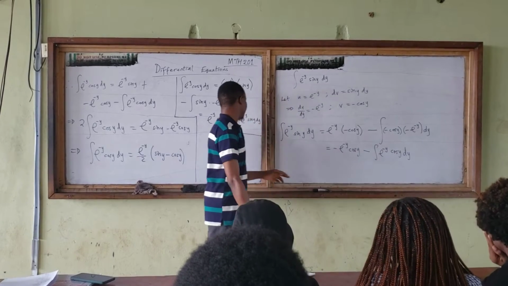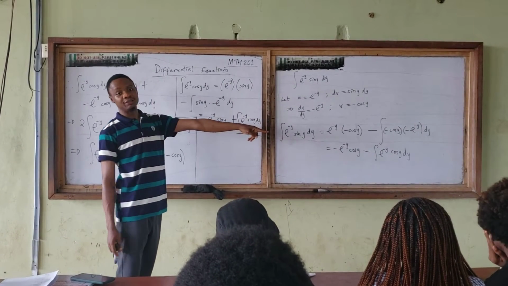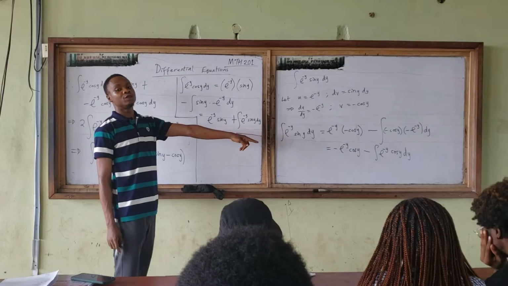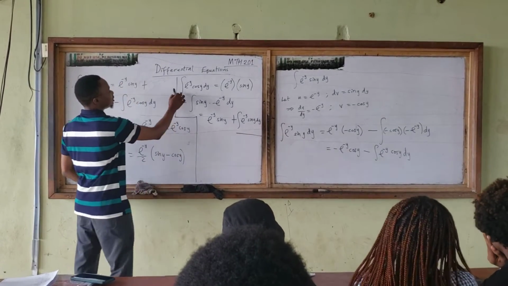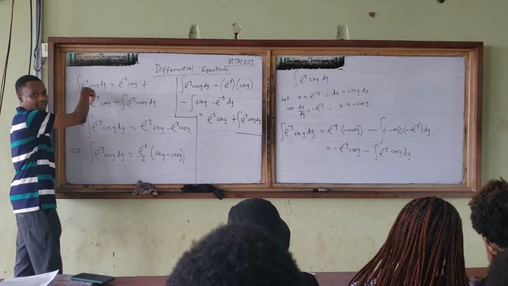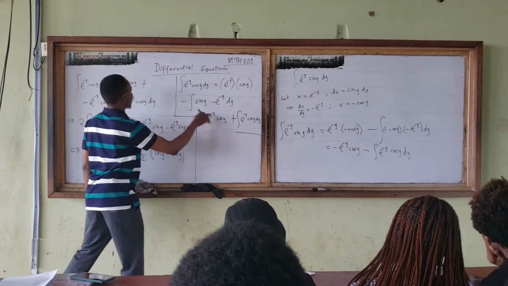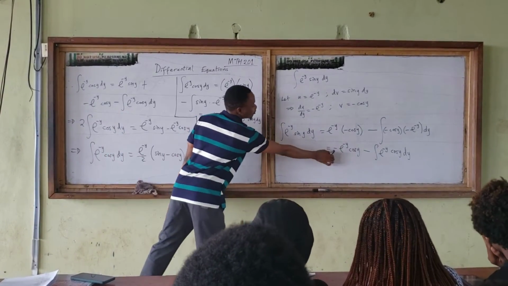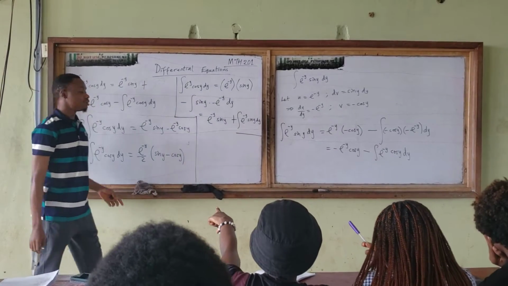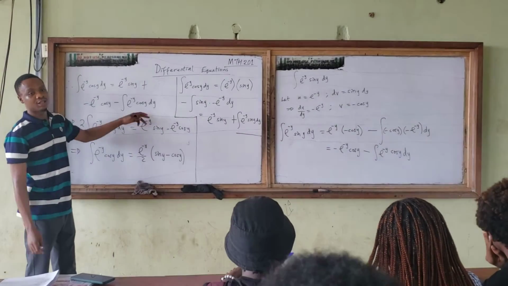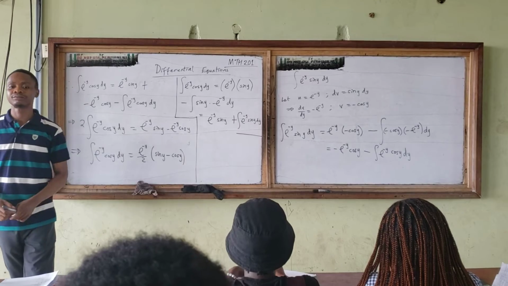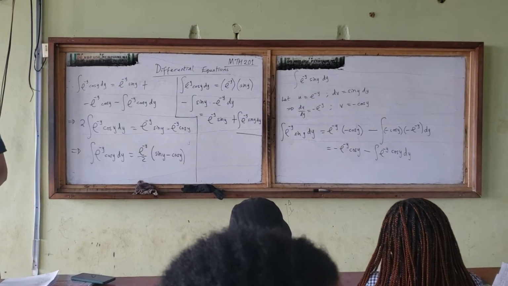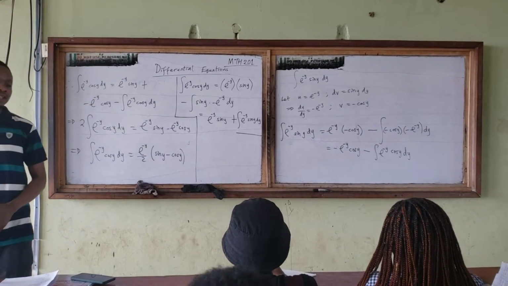So that means that instead of putting this here, I can put that result. That's what we have here. This result, that is it here, plus this. This one has been solved here. Do you understand that? So you just substitute that, then you collect like terms. Yeah, that's fine.